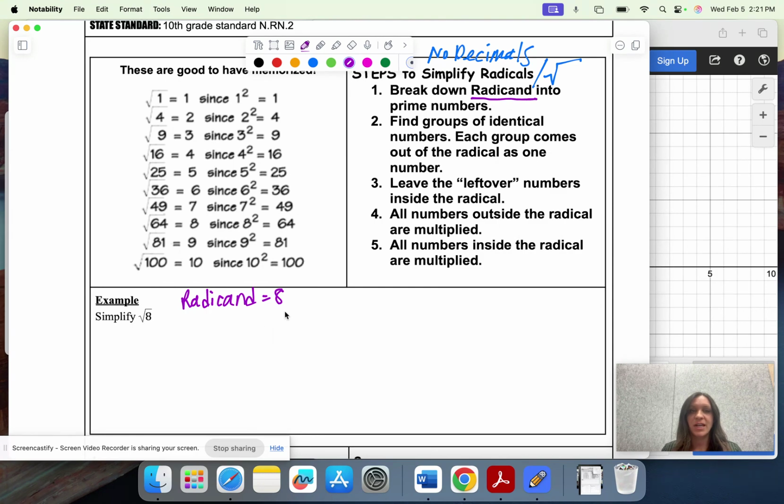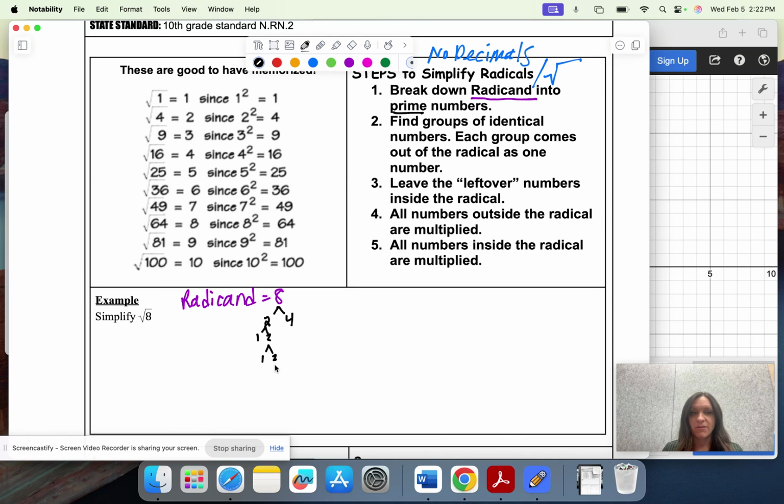So let's do that. So 8, and whenever I break one down, I use factor trees. So two numbers that multiply to 8 are 2 times 4. And we want these in prime numbers. So 2 is prime, meaning that the only two numbers that multiply to 2 are 1 and 2.